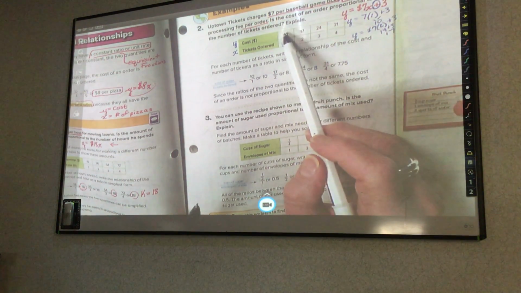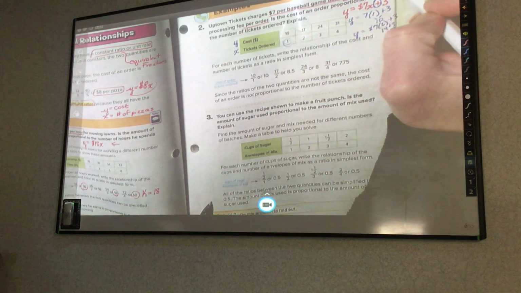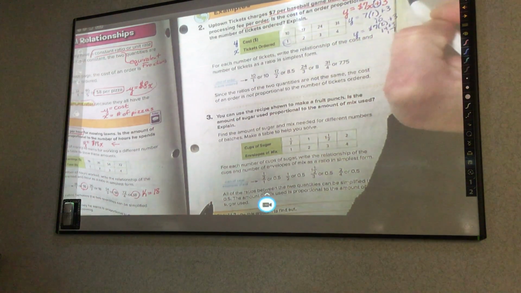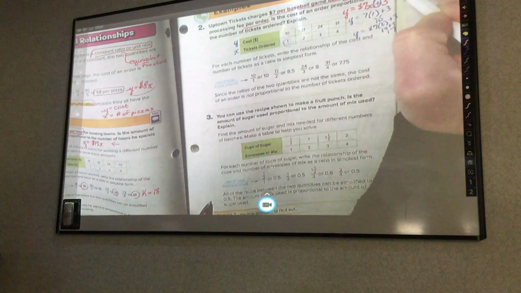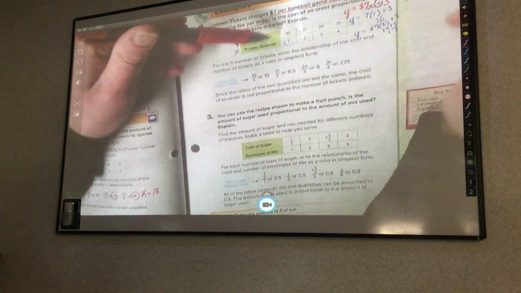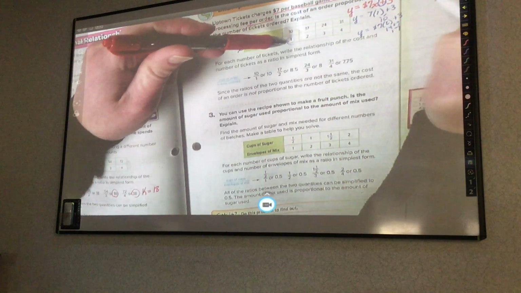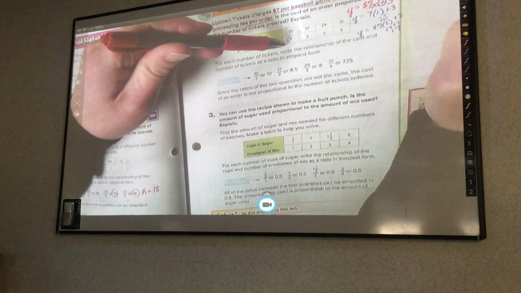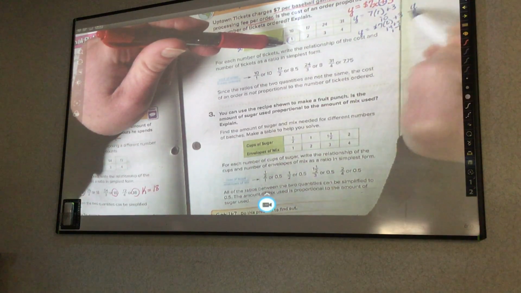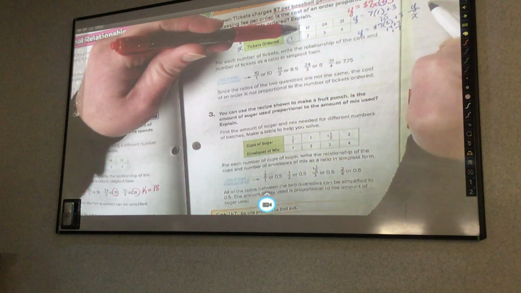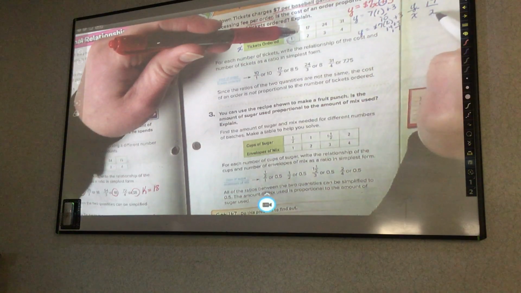But now let's see if it's proportional. To find proportion, it's always y over x. That's my constant. So I'm going to come into my chart. Y is 10. X is 1. What does that equal? 10. Do it again. Y over x. Y is 17. X is 2.